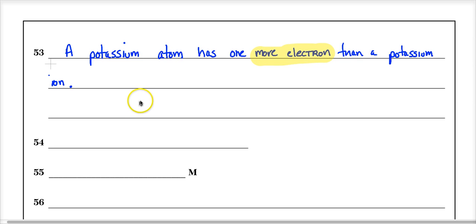You could also say the potassium atom has one more electron shell than the potassium ion. The K atom is 2-8-8-1, and the K plus ion, the cation, is 2-8-8.